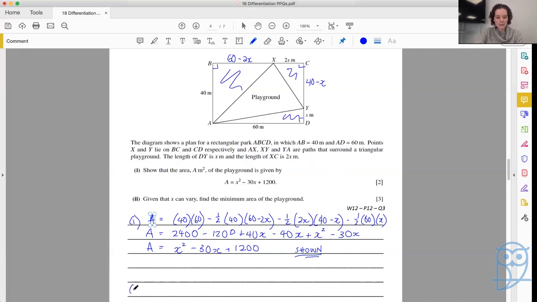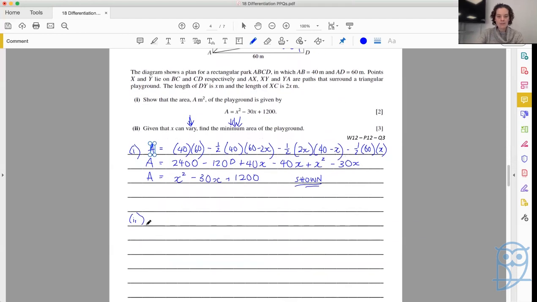Okay, so part 2. Given that x can vary, find the minimum area of the playground. Those are both indications that you're working with applied differentiation. So we have A equals x squared minus 30x plus 1,200.